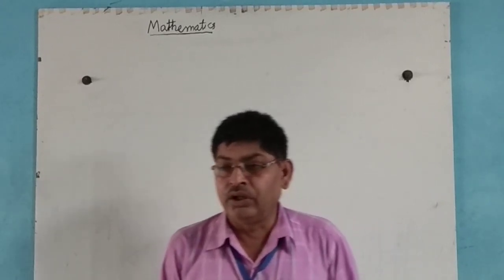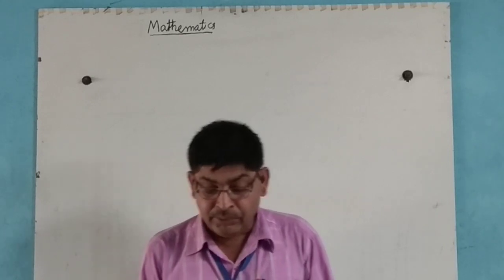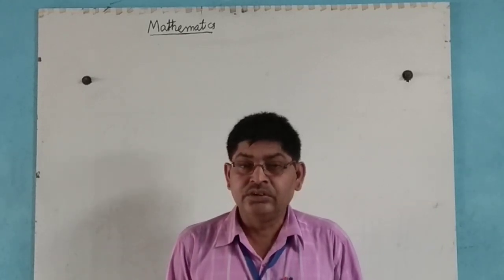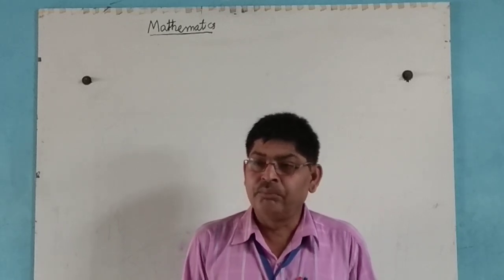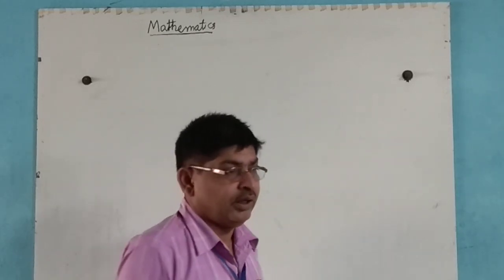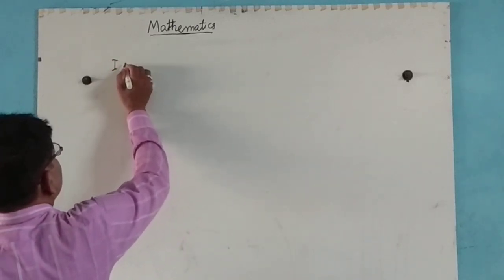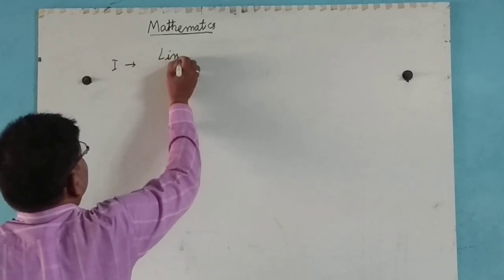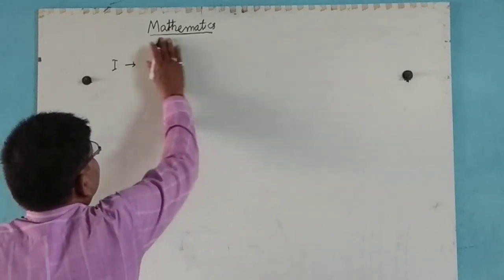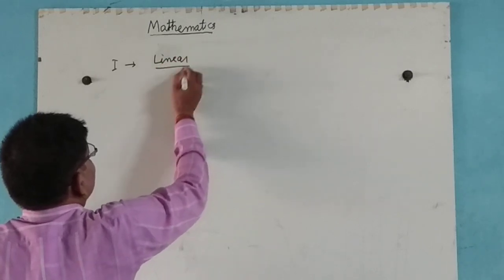Today we have discussed the range of rational functions if the polynomials are given in the following forms. First, linear by linear.